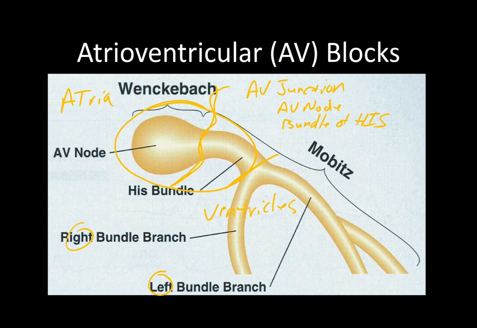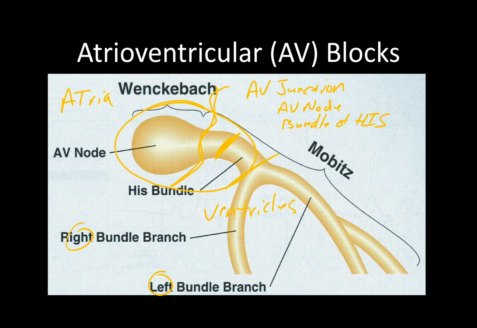So an important concept to keep in mind here is that delays can happen along any part of the AV junction. It could be just this part of the AV node that is broken. It could be all of the AV node, or instead of the AV node, perhaps it's the bundle of His that winds up dying out or quitting for some reason, and then you're not able to get a full signal through.